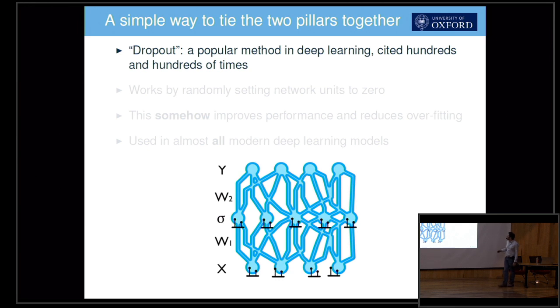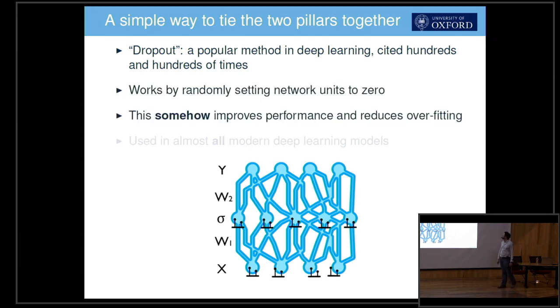Test time. At test time, we don't do dropout. We just take x, multiply by w, multiply by w, get y. That's called a deterministic forward pass. Now this technique somehow improves performance and reduces overfitting, and is used in almost all of modern deep learning.